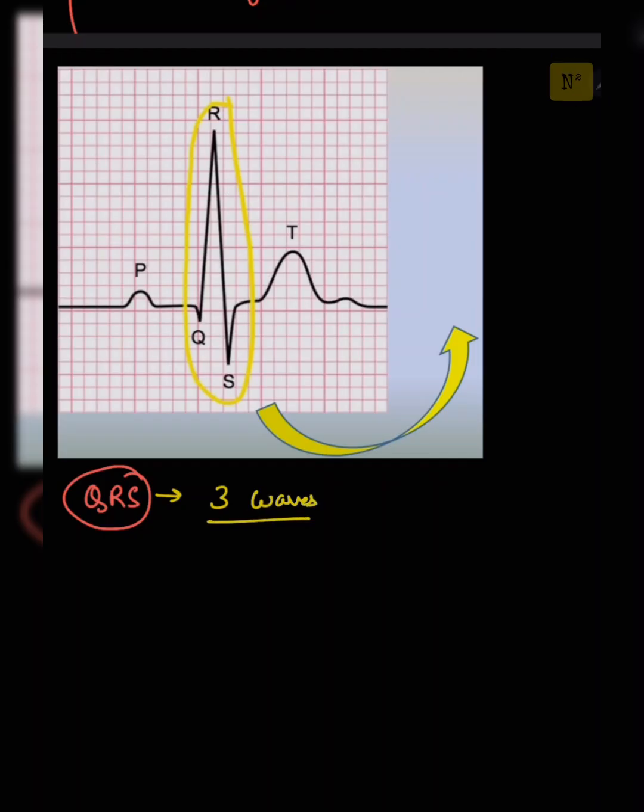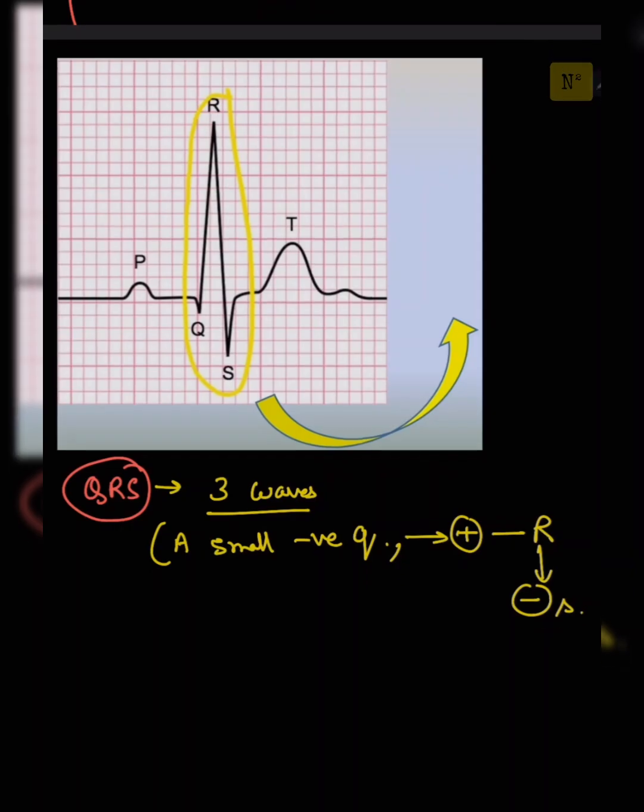The first wave that we encounter in this complex is a small negative Q wave, denoted by a small q, which is followed by a positive R wave, denoted by a capital R, and that is followed by another negative wave, denoted by a small s or S wave.